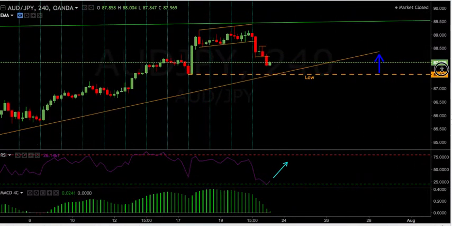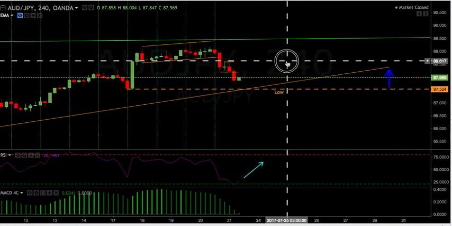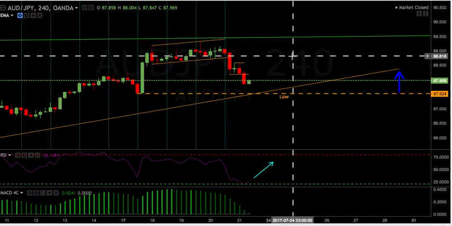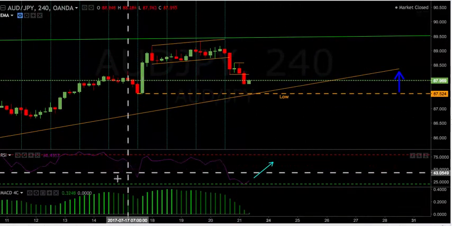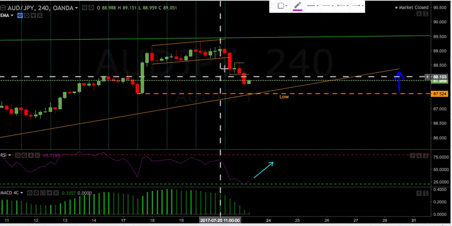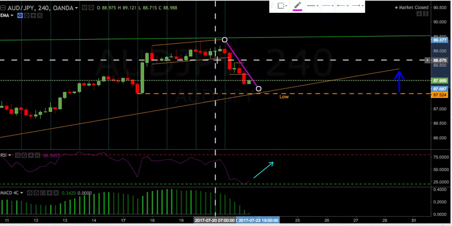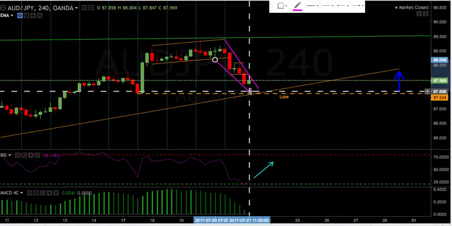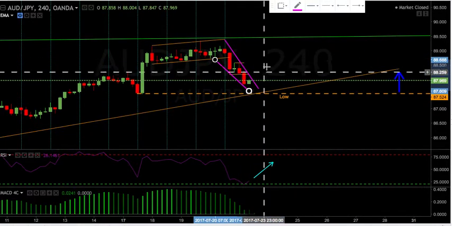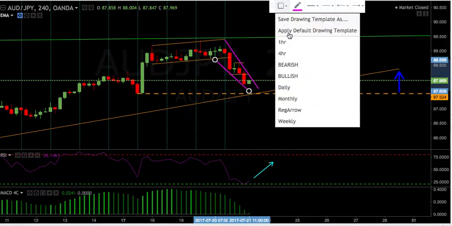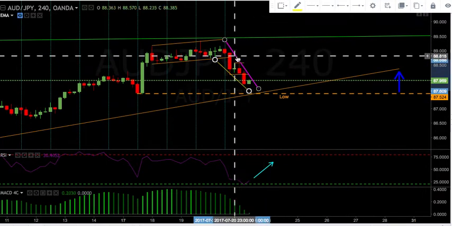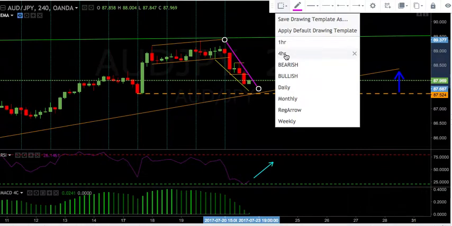Aussie Yen, almost the same thing. Can't quite draw the pattern as clearly. You could try to make it, but since we know the other Aussie pairs are doing the same thing, we don't really have to draw this pattern.